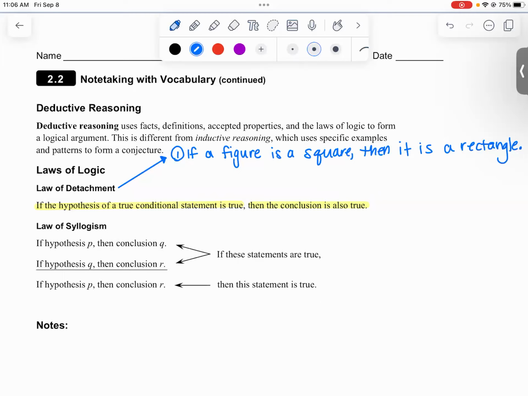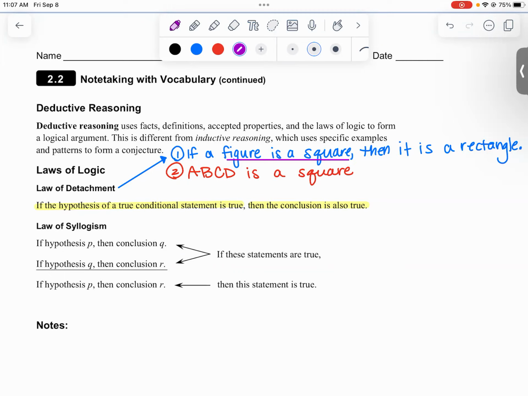So I am giving you a conditional statement. I then will give you a separate statement altogether. ABCD is a square. So I'm giving you a true conditional statement, and then I'm giving you something specific to the hypothesis.